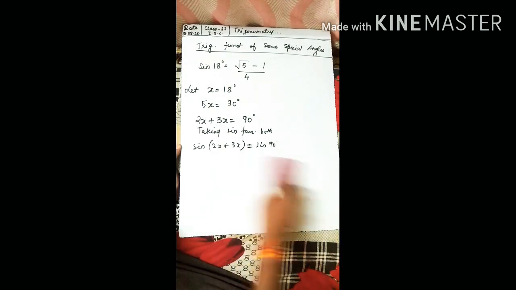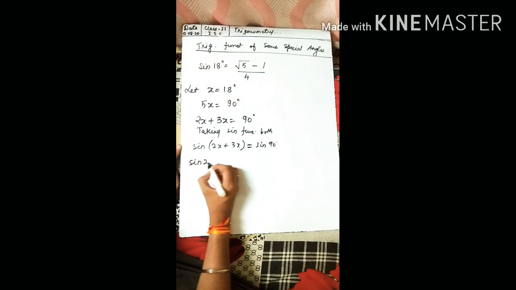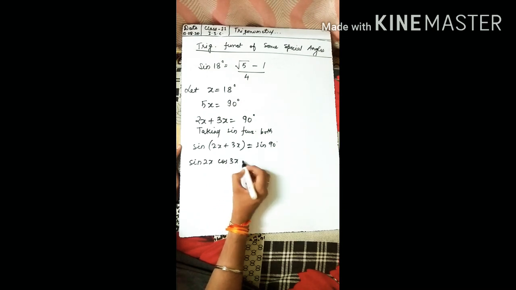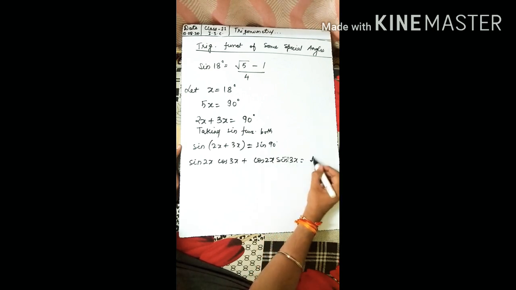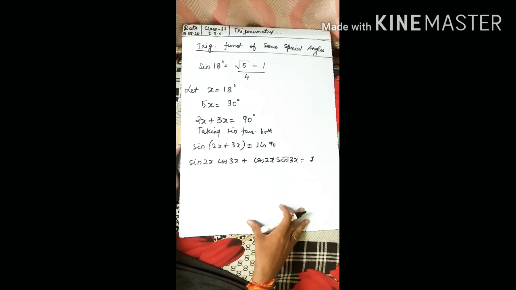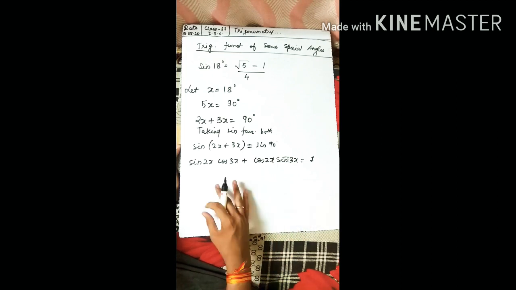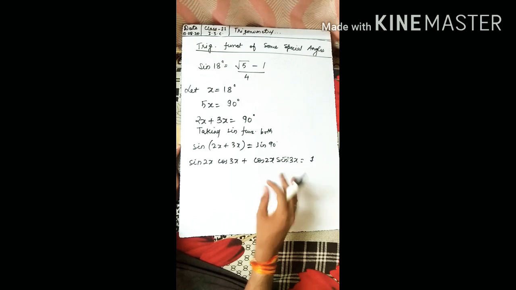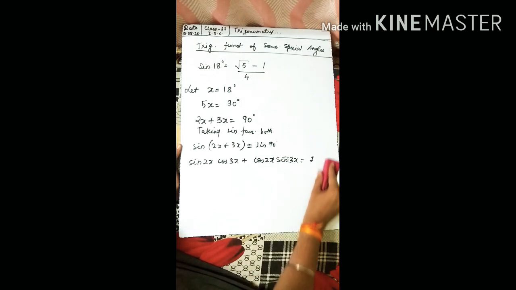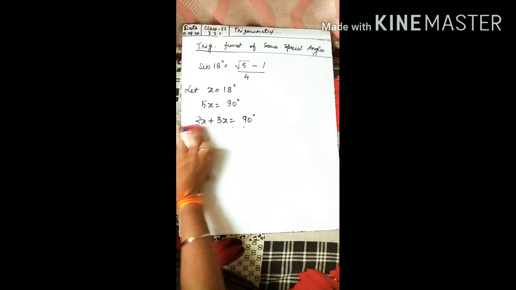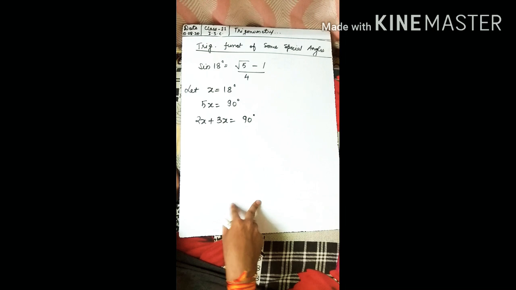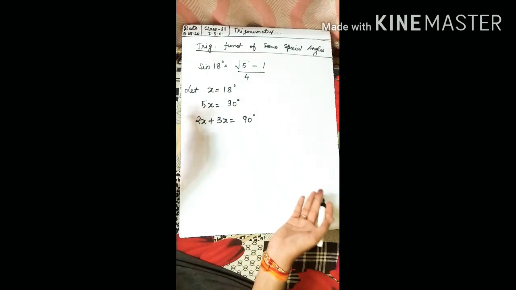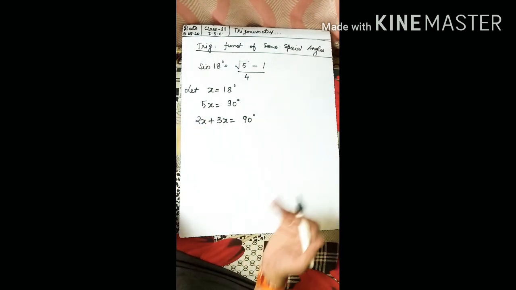Here we can use the sine x plus y identity, that is sine x cos y plus cos x sine y equal to 1. But this will go somewhat complicated. Why? Because if you put the sine 2x value and then cos 3x, the things will get multiplied, and it will go up to the 5th power.